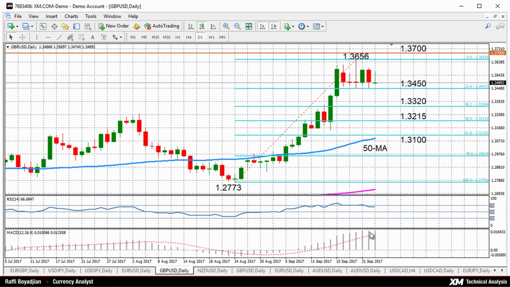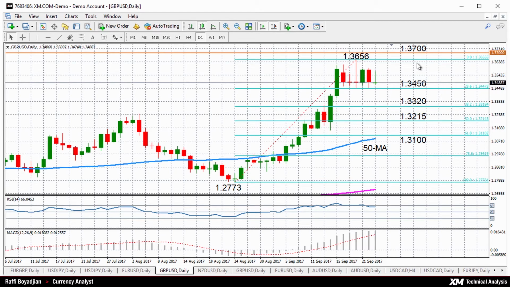We can see that the histogram has been fairly even in the past few days, so it remains above the red signal line. RSI has come off overbought levels, but is moving sideways. So there appears to be a loss of momentum in the near term, although in the medium term it's still very much bullish for the time being.